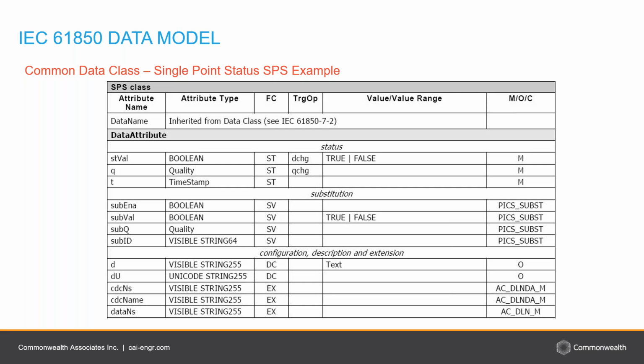From this table, we can see that the single point status class has a status value field, a quality check field, and a timestamp field. And these fields provide status related information, right? So under the functional constraint column, you see that it has the identifier ST, which means that these are status type of data.